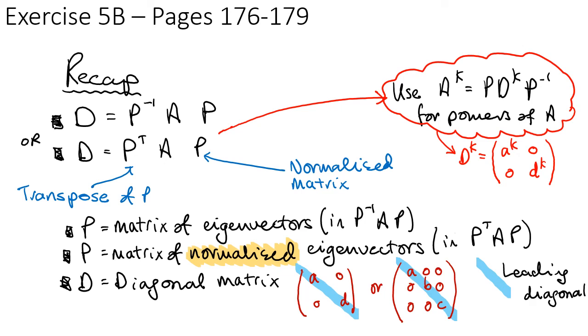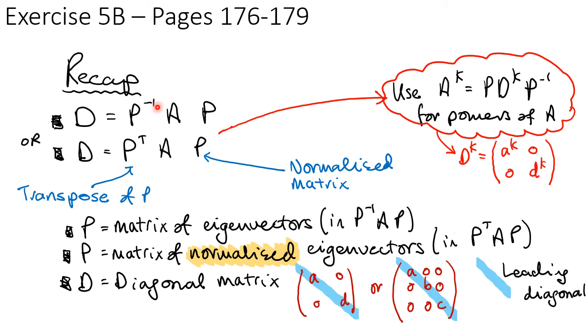So just a quick recap, we can diagonalize a matrix by working out a matrix P, which is the matrix of the eigenvectors of our matrix A, and doing this calculation, and we'll just have the non-zero elements along the leading diagonal.